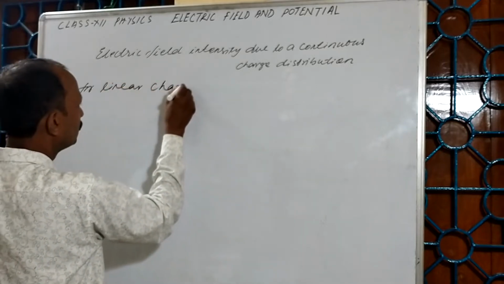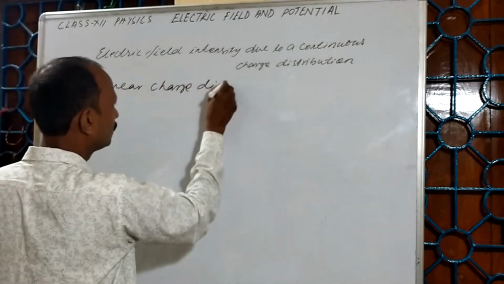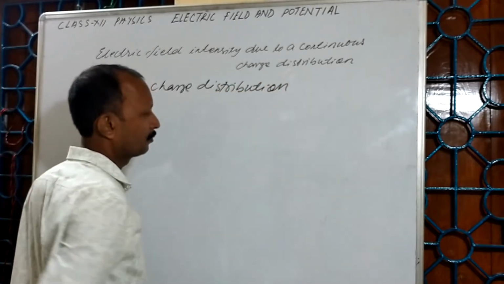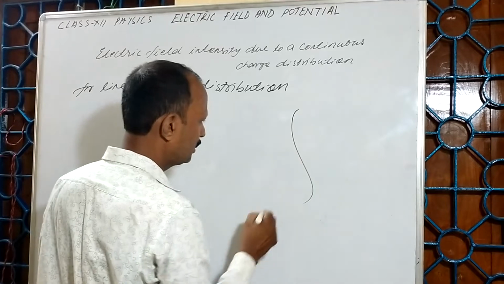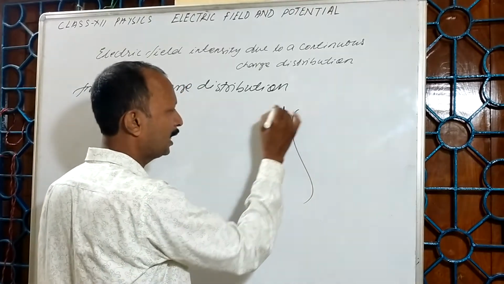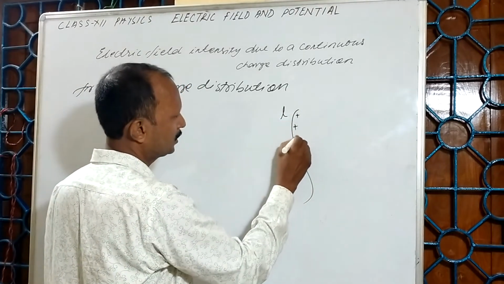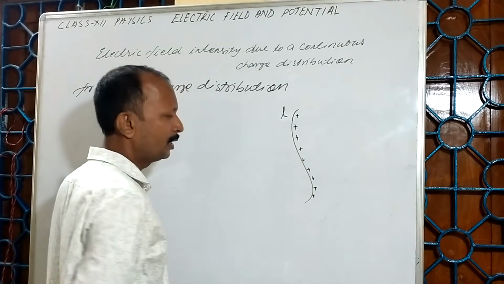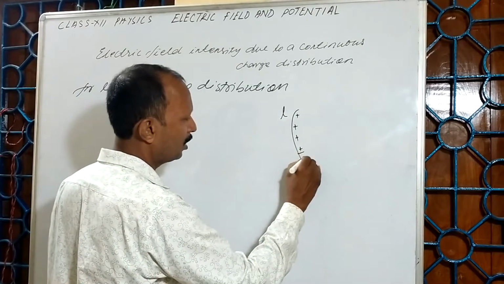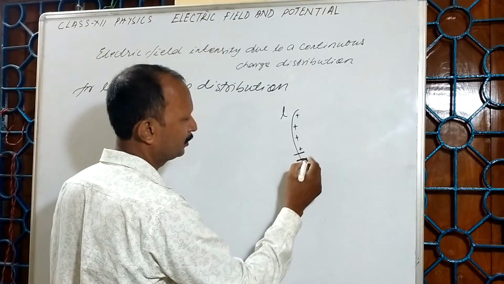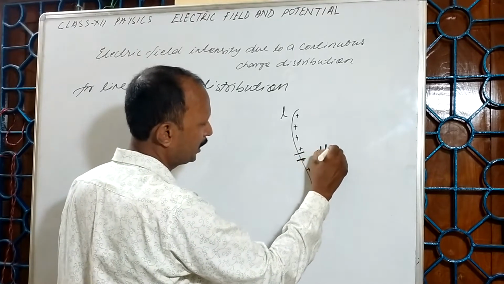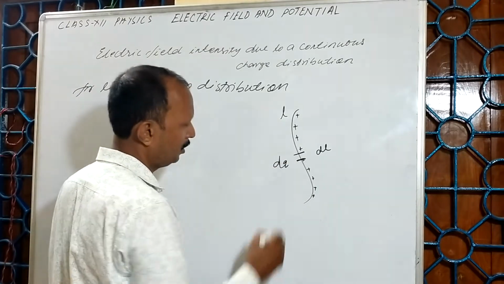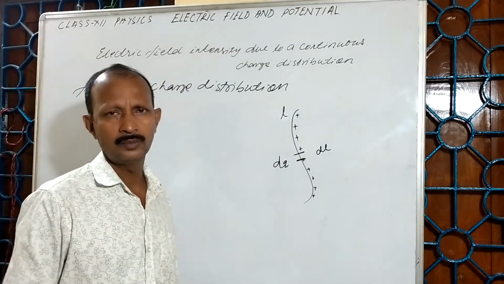Suppose this is a wire. Its length is L. The charges are distributed uniformly. Now I shall consider one small element. Its length is dl. The charge I shall consider is dq.